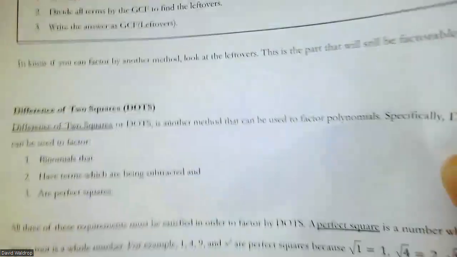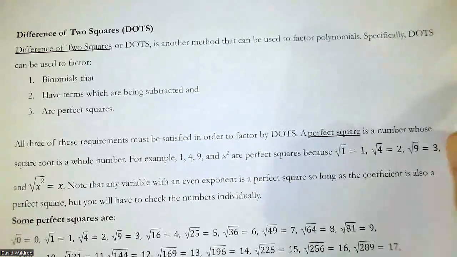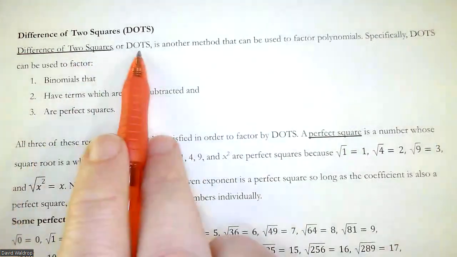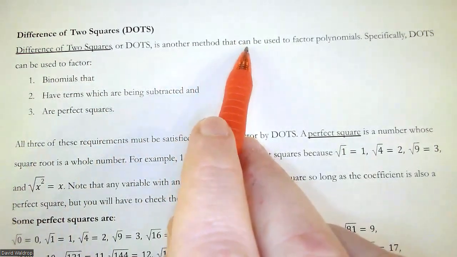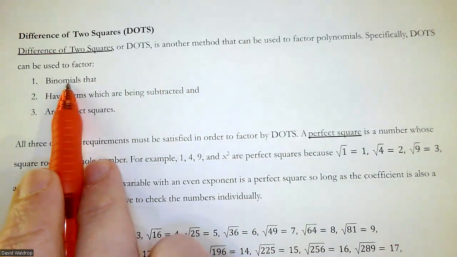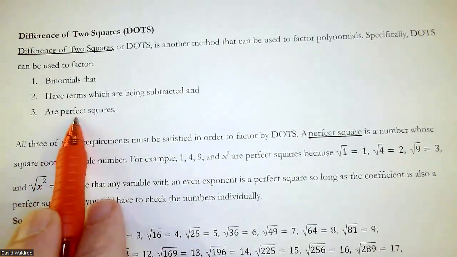The two special factoring we're going to talk about are difference of two squares and the sum and difference of cubes. The difference of two squares, or DOTS, is another method that we can use to factor. We use it for binomials, meaning it has two terms, that are being subtracted and are perfect squares.